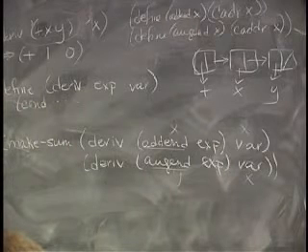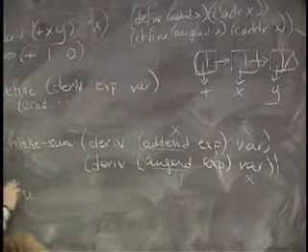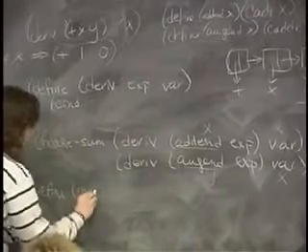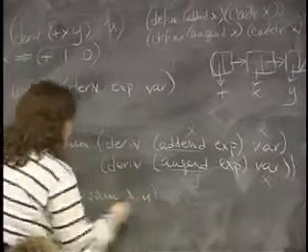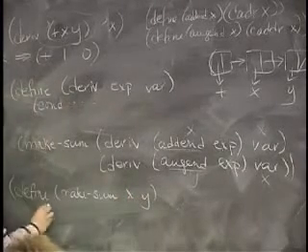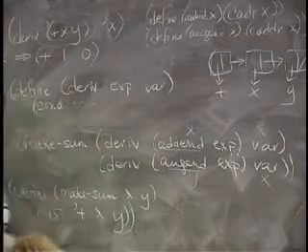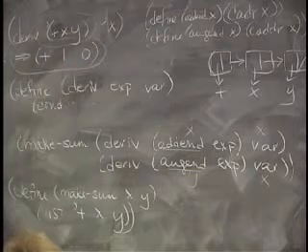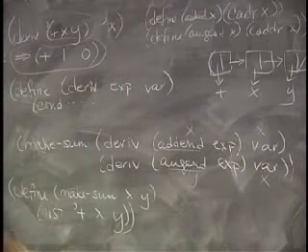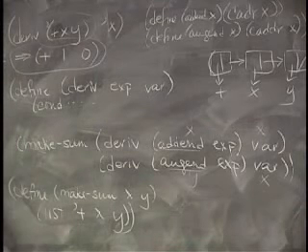So make sum is a procedure, and all make sum does right now is take in two variables and make a list of plus with x and y. Which is why we're getting no simplification. Okay, because it's just stupidly banging a plus sign on front of those two things.